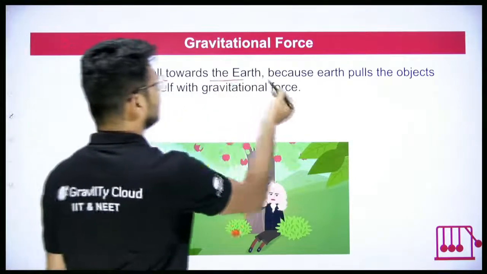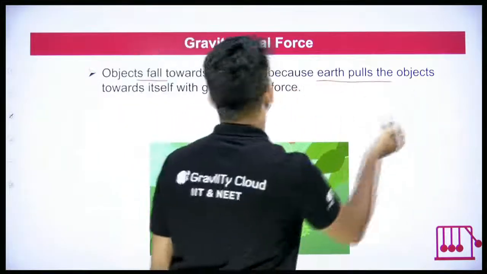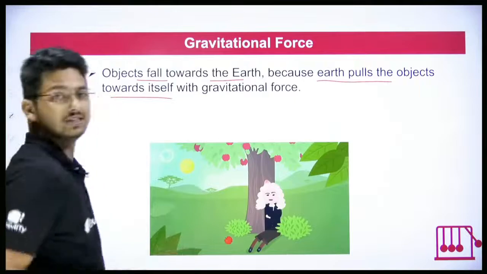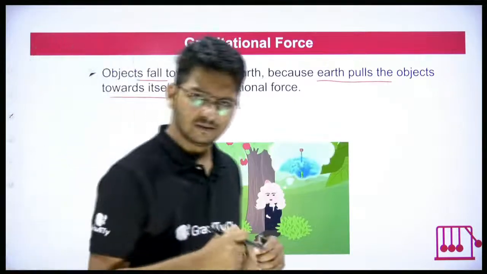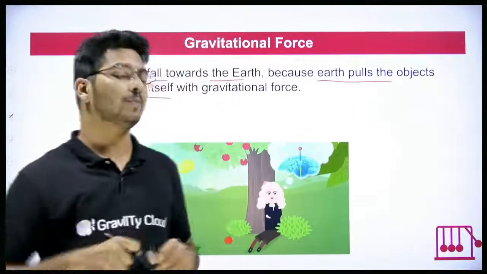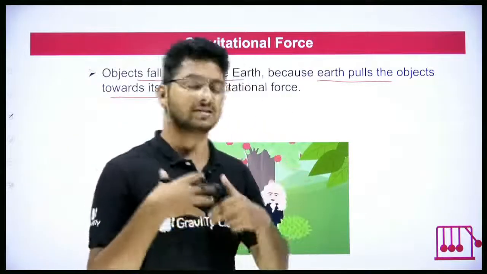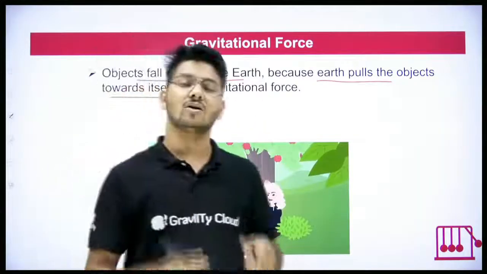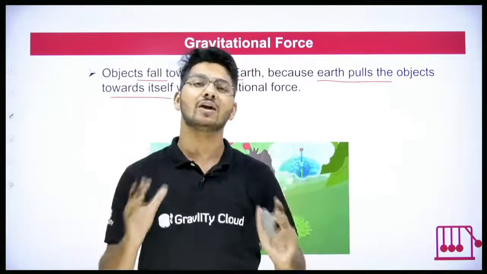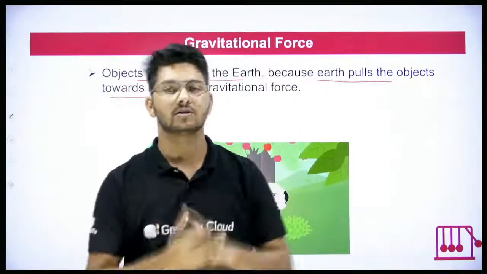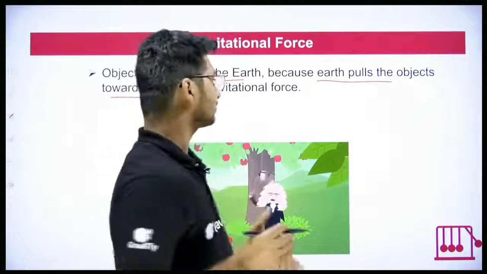Objects fall towards the earth because the earth pulls the objects towards itself. Every object. Earth will pull every object towards itself. That is, there is a force on us, on the screen, on the pen, on the remote, on everything that you can see, towards the earth. Clear?